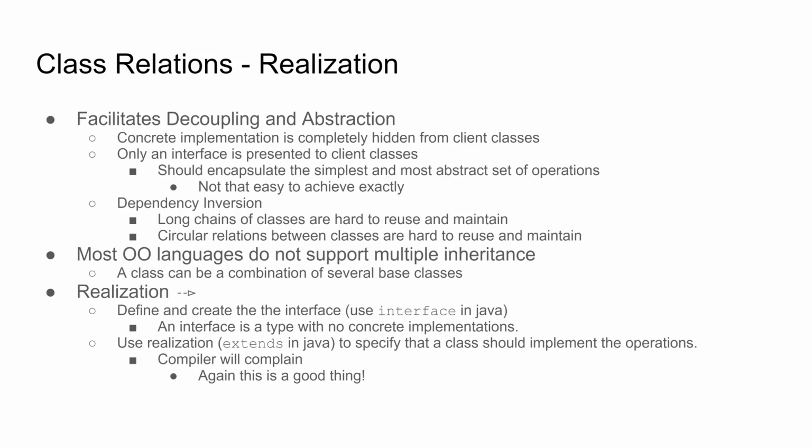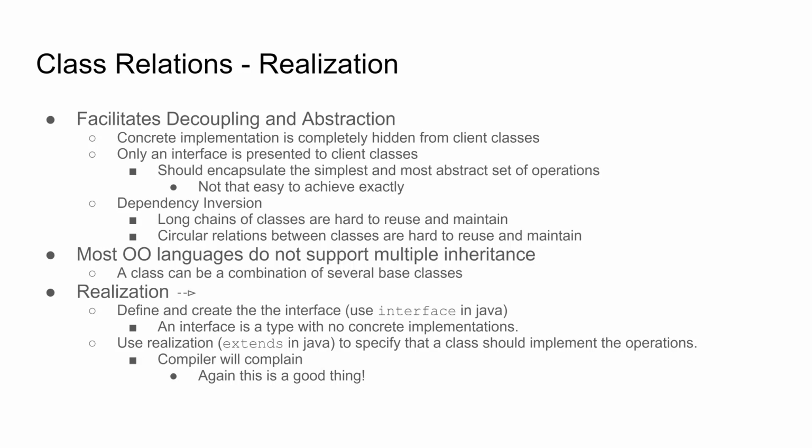The implementation is completely in the subclasses. And this further facilitates decoupling and abstraction. So the client classes only see this interface, this bunch of operations that encapsulates the simplest way to use these subclasses.